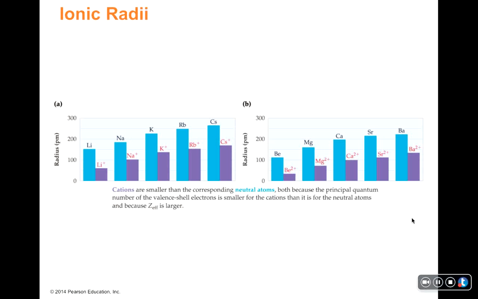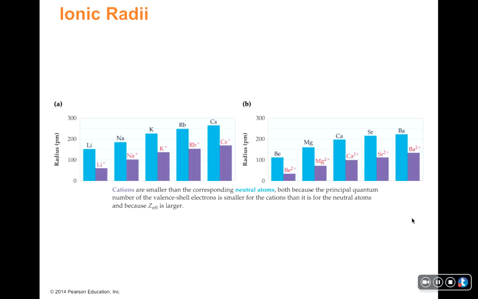And if you look, you can see another trend here in terms of the comparison between their neutral atom and their cation. And that's sort of stated here at the bottom, that the cations are smaller than their corresponding neutral atoms. So Li plus 1 is smaller than a lithium atom. And if you think about that, the Li plus 1 has lost an electron. That means that it's lost an electron from that outermost valence shell.